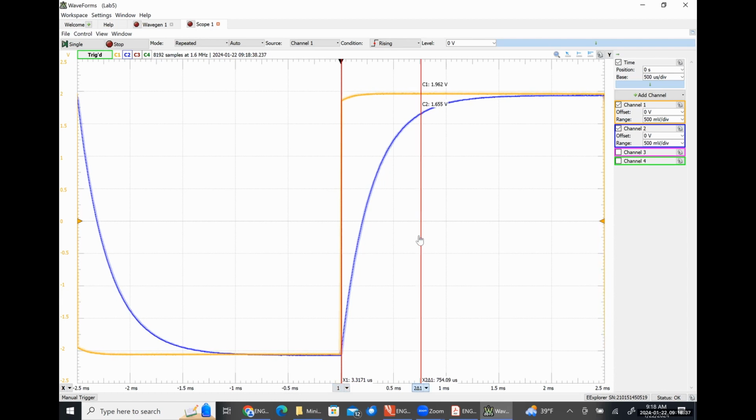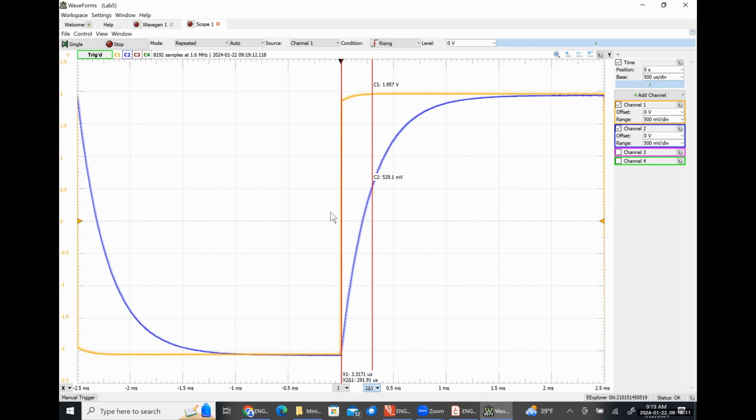And then I want channel 2 to be at 528 millivolts. Okay. So right now, at this point, channel 2 is, because there's a little bit of noise, about 524 to 528 millivolts. So this seems like a reasonable thing.